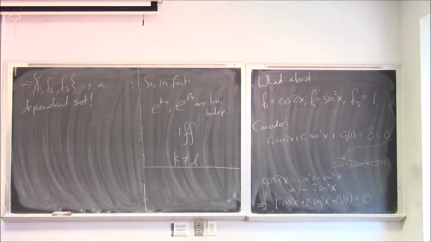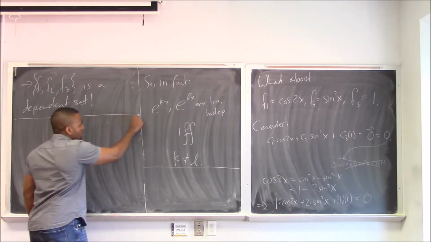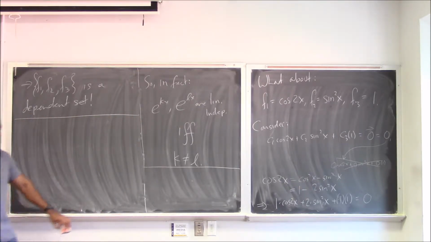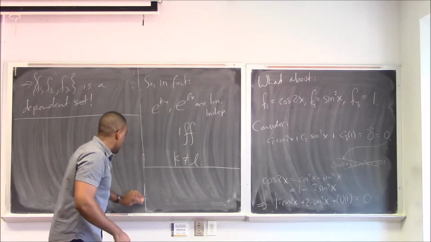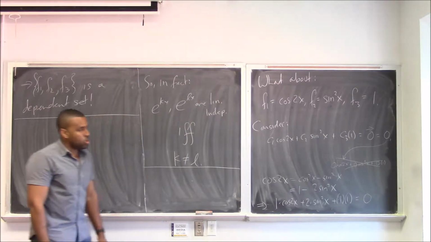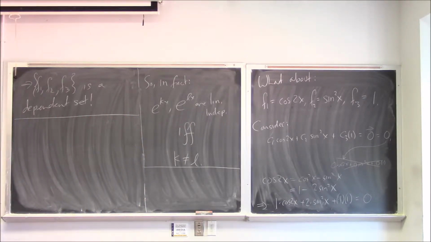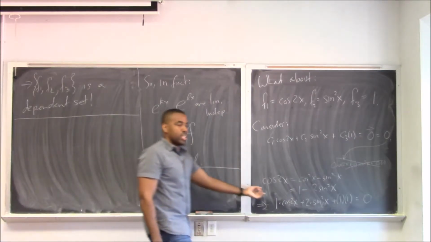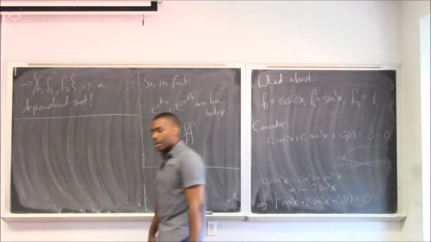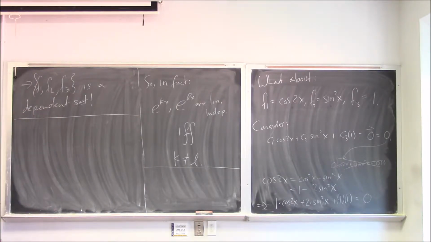So let's try to find some situation where we can actually talk about functions in a very simple, easy way, where we don't have to worry about these little nuances or remembering whether we can remember the trig identity or some sort of other identity.